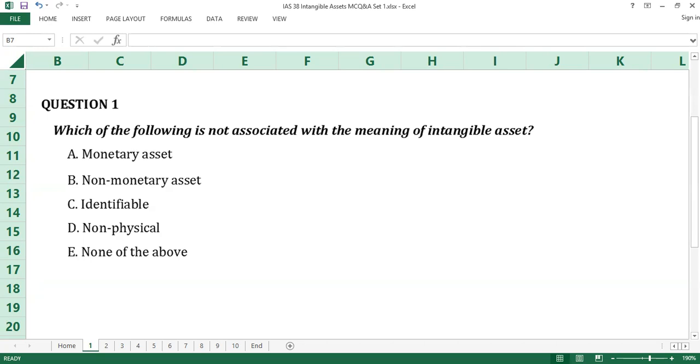Ten seconds gone. Twenty seconds gone. Time up.